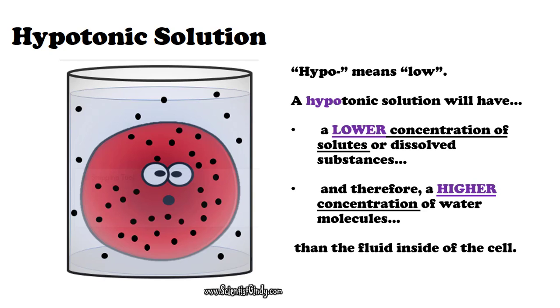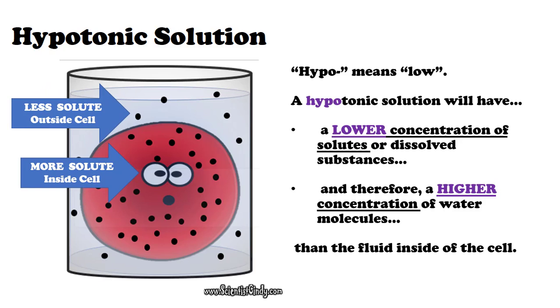A hypotonic solution will have a lower concentration of solutes or dissolved substances, and therefore will have a higher concentration of water molecules than the fluid inside of the cell.